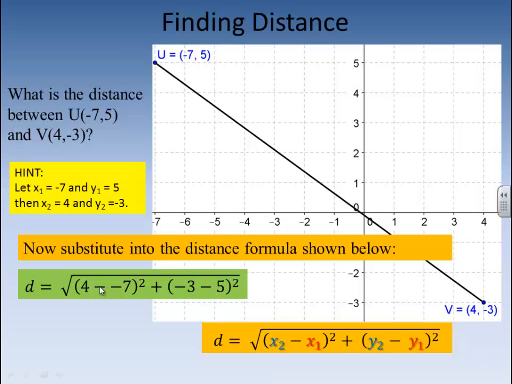Now you must remember that when you subtract a negative number, that means to add. So we've got 11 squared plus a -8 squared, but -8 squared is 64 and 121, so it's 185. Use one decimal place, so you see our answer is 13.6.